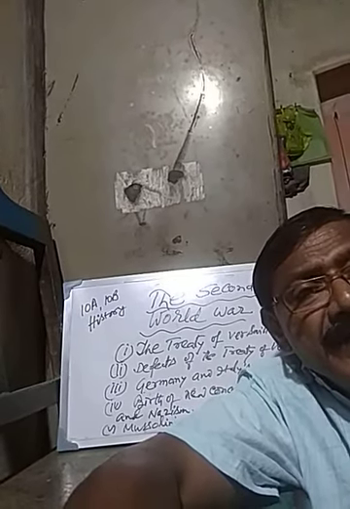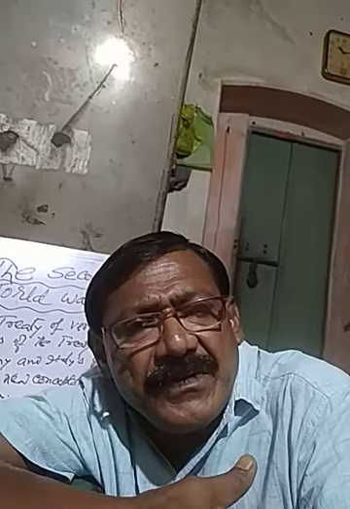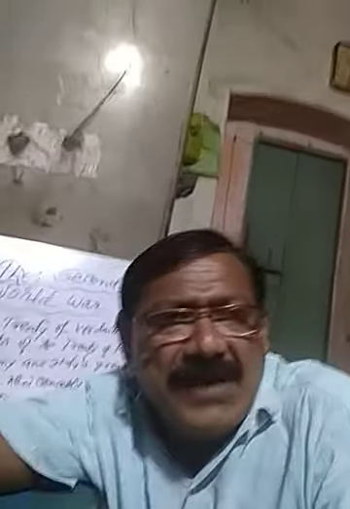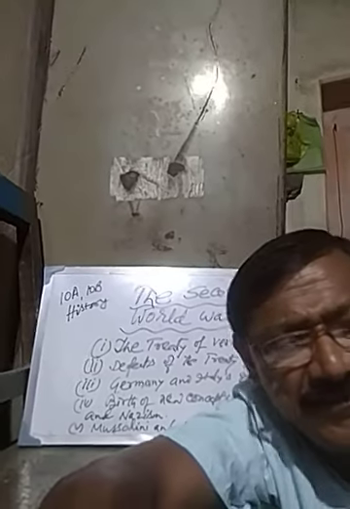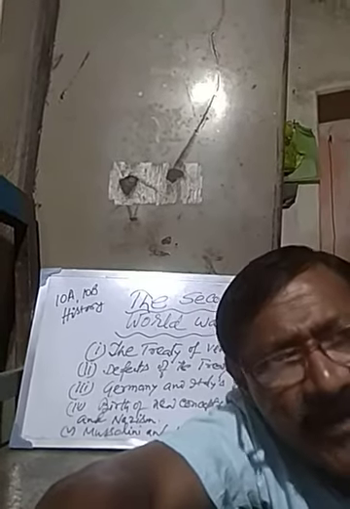Besides, one treaty which was signed at the end of the First World War, the name of the treaty is the Treaty of Versailles. What is the Treaty of Versailles? What do you know about it? The Treaty of Versailles was signed in order to make up the loss, in order to regain the huge damage of properties of the Allied powers.